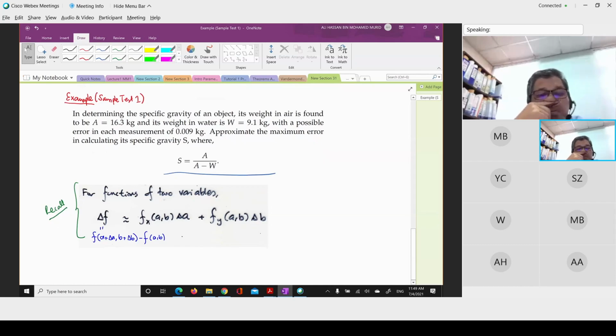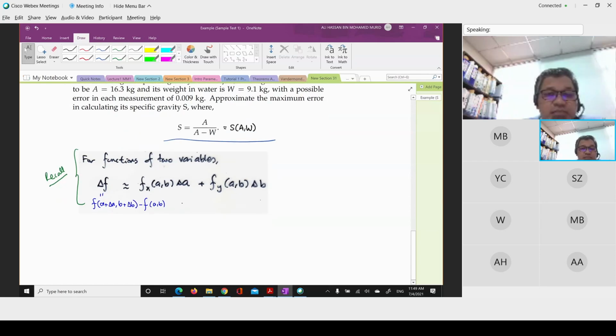Here, the formula is in terms of A, B, X, Y. So we need to apply this formula with the appropriate symbols here. S is a function of A and W. So what is it that we want?